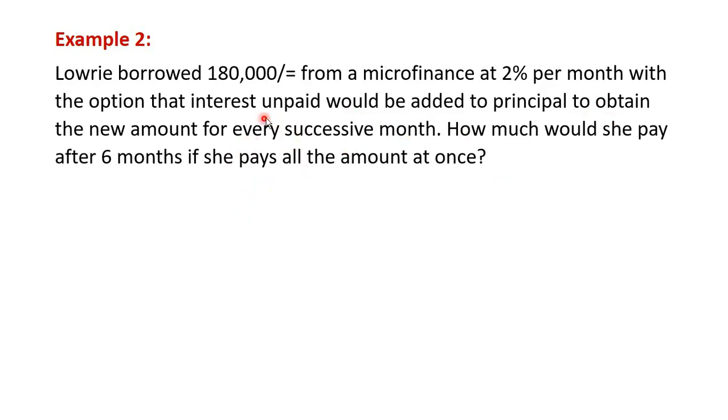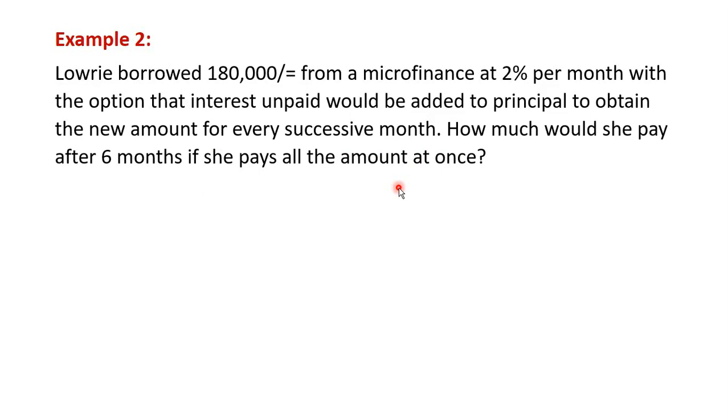That means that interest that you get, you add it with the principal and you get the new amount for every successive month. How much would she pay after 6 months if she pays all the amount once?